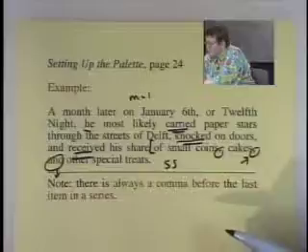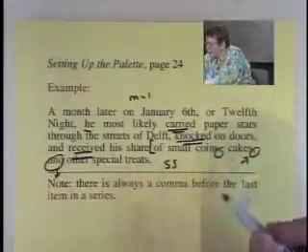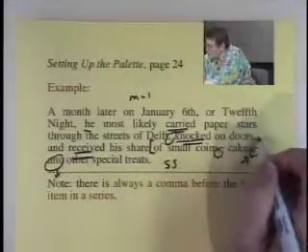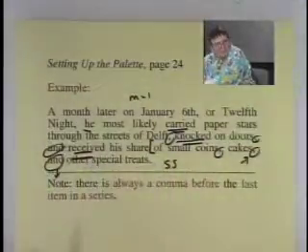But we also have a series of verb words here. Carried paper stars through the streets of Delft, knocked on doors, and received. There's 2 different series in that sentence. One is a series of verb words, and one is a series of object words. That can happen, can't it? Do you agree with me, Jerry? Oh, sure. I will ask you because I expect you to know.